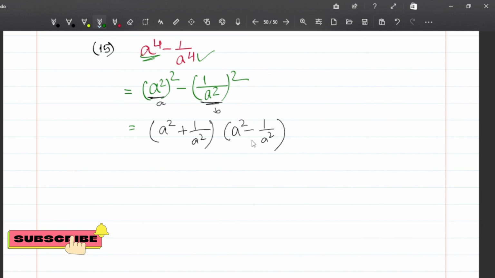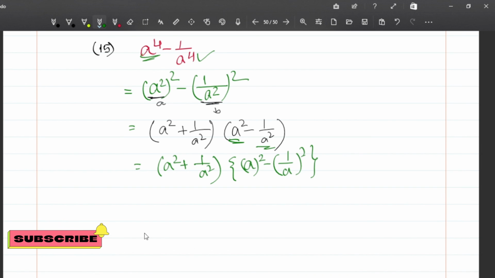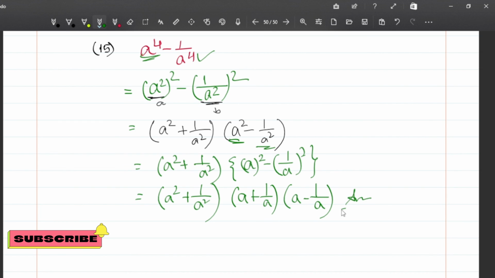Now look at the second bracket. You can expand here again: a whole square minus 1 by a whole square. So expand: a plus 1 by a multiplied a minus 1 by a.